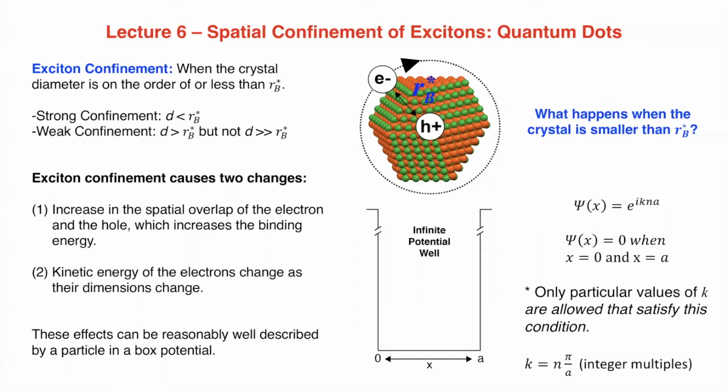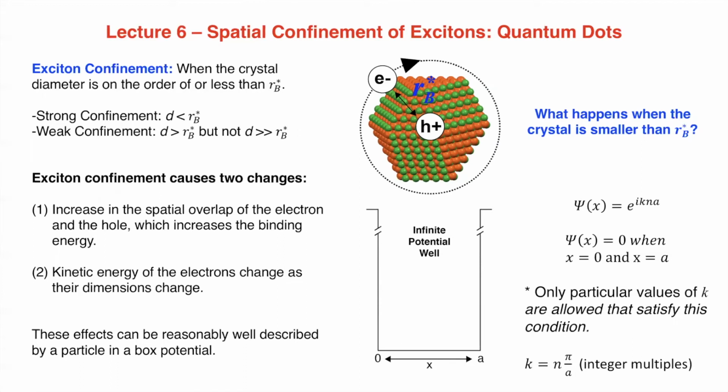And I've drawn this representation of the exciton on top of it and shown how the crystal may actually be smaller than the preferred Bohr radius of that exciton. So what happens when that occurs? You end up in a situation which is referred to as spatial confinement of the excited state. Okay, so of course the charges can't really leak out of the crystal.